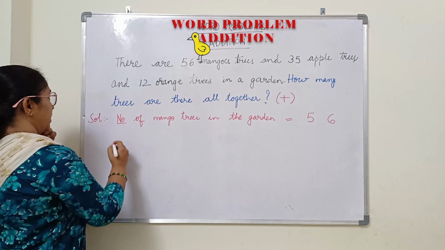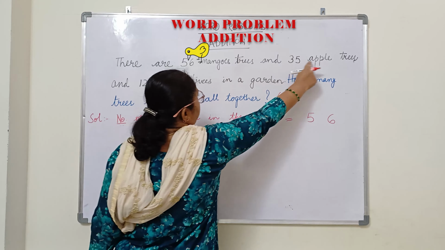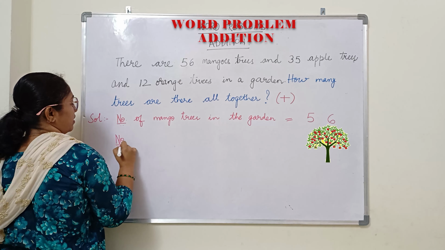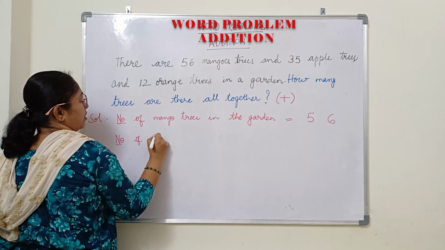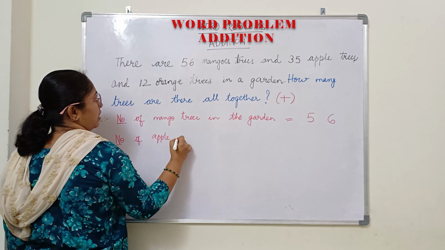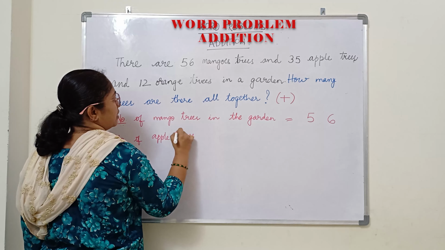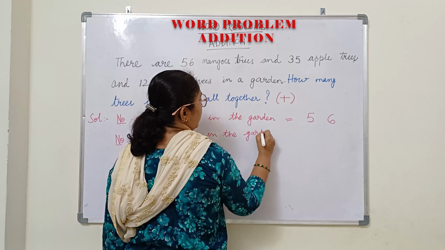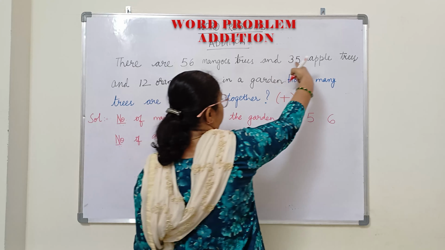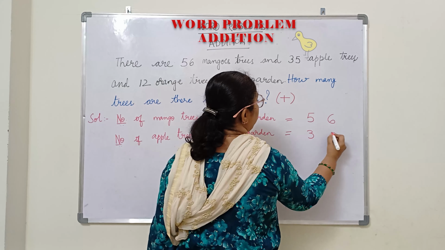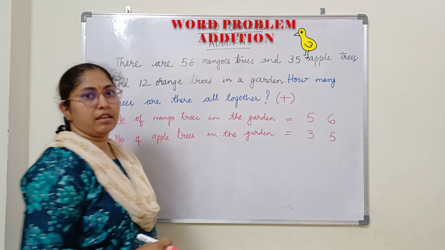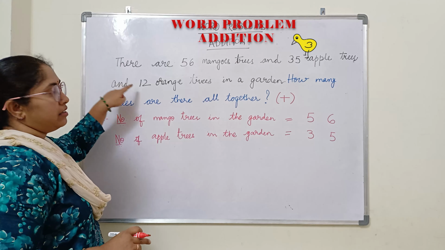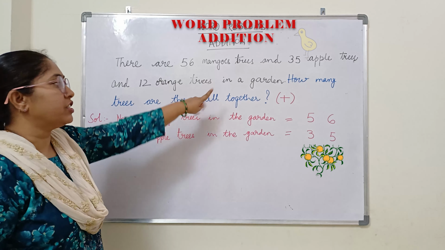Okay. Next, what trees do you have? 35 apple trees he gave. So what do you write here again? Number of apple trees in the garden is equals to, how many are there? 35. So write one below the other neatly. And then 12 orange trees.